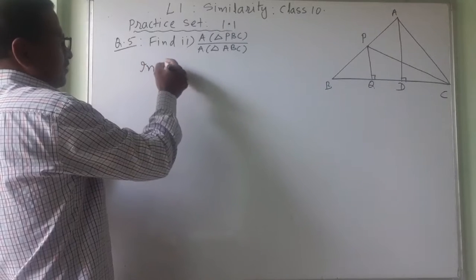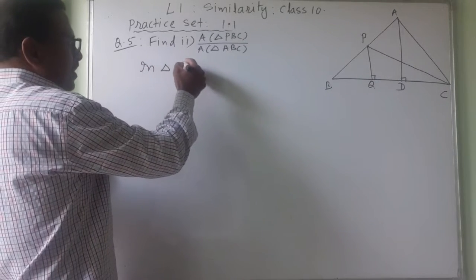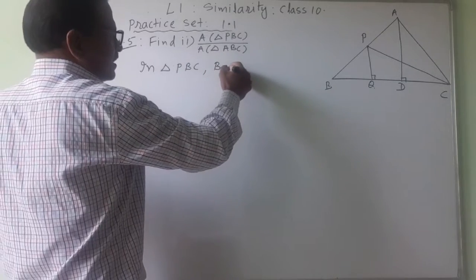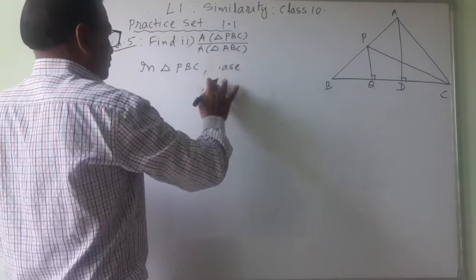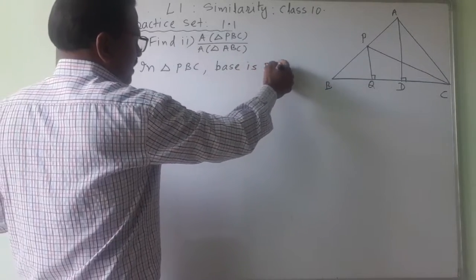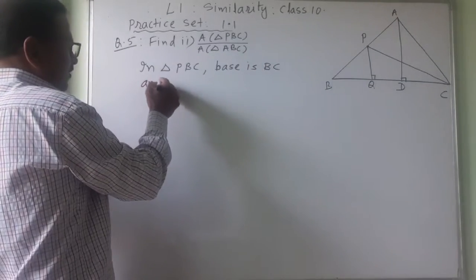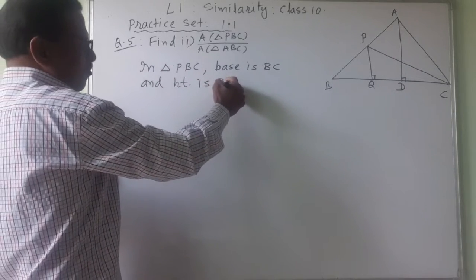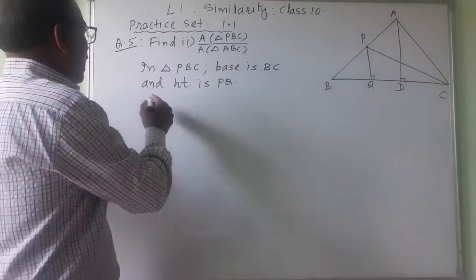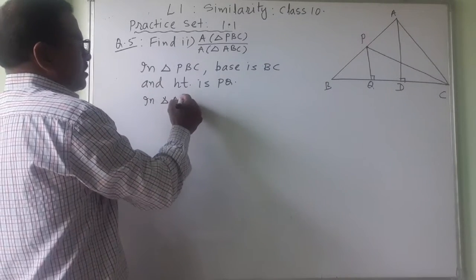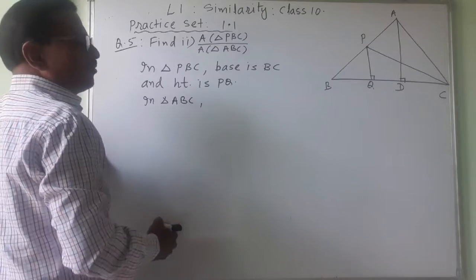So in triangle PBC, the base is BC and the height is PQ. In another triangle, triangle ABC, which is the base?